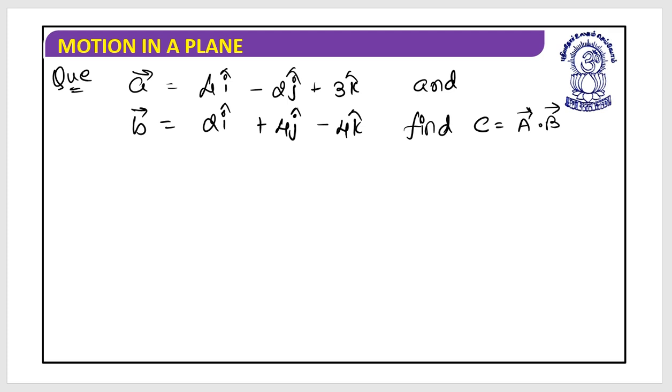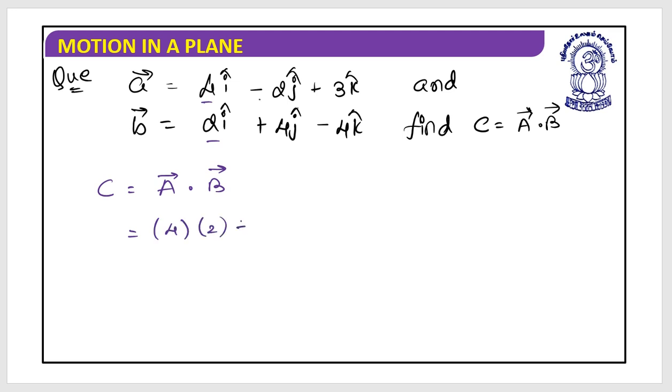Now I know that I need to perform a dot product, so C is equal to A dot B. What I need to do is multiply the coefficients of i. It's 4 into 2.